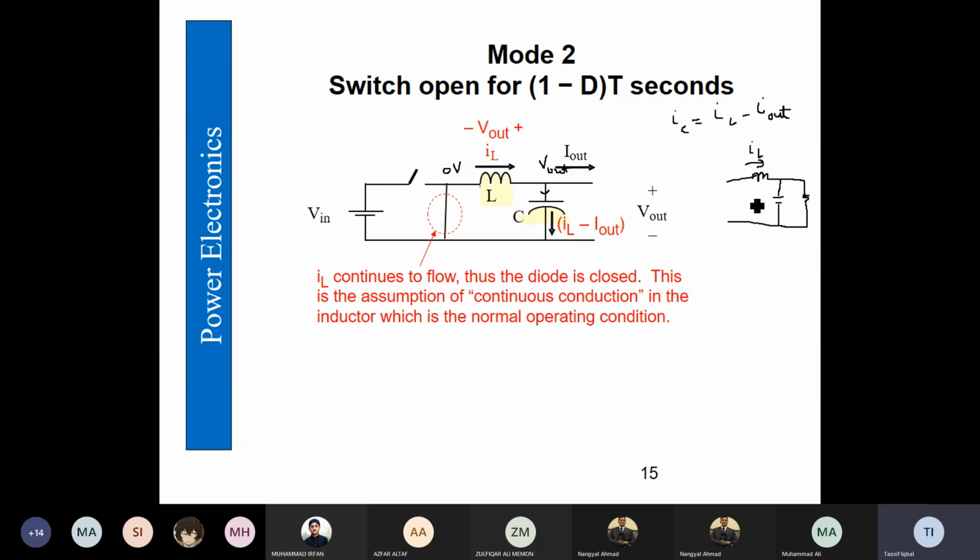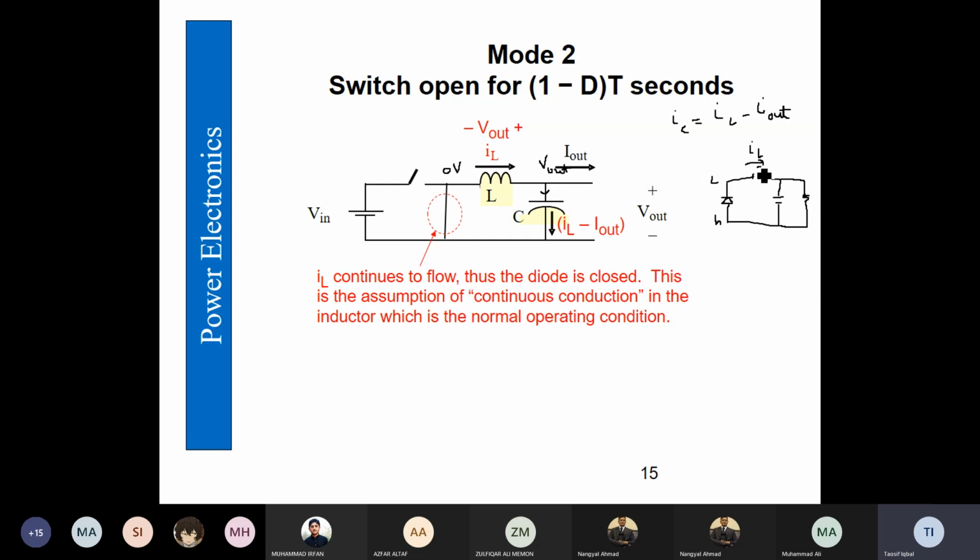To keep the inductor current flowing, the inductor will generate a voltage across the diode so that its anode side is higher than the cathode side.